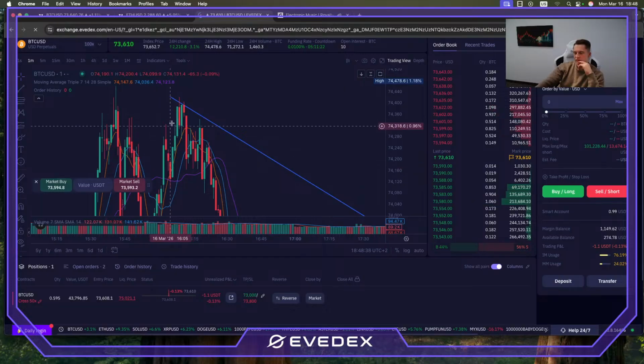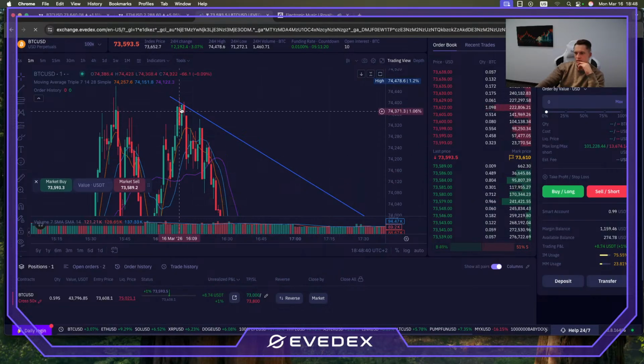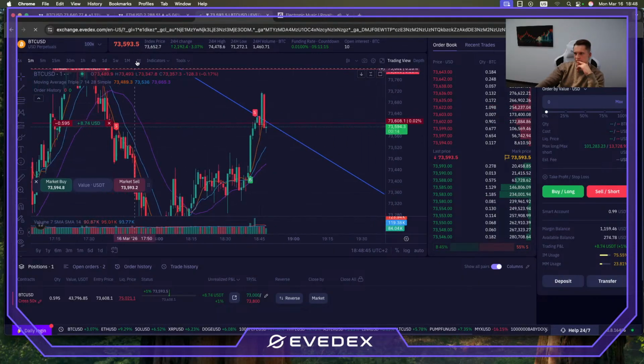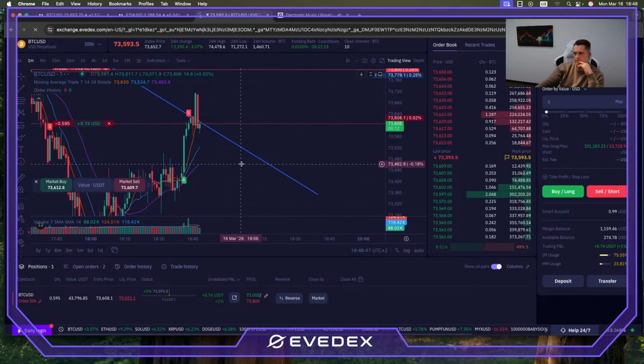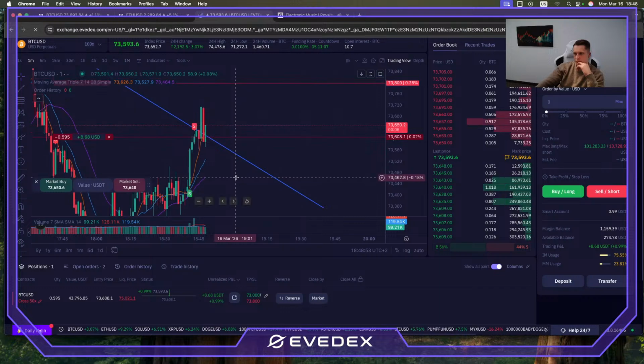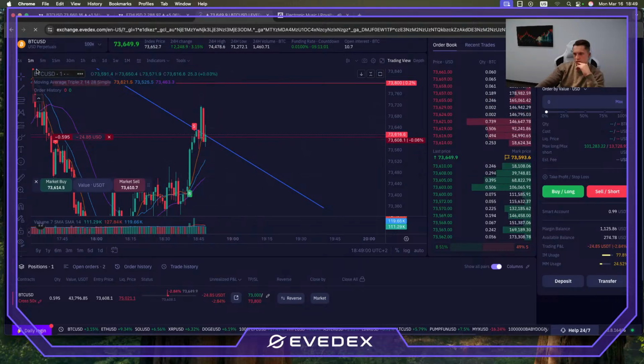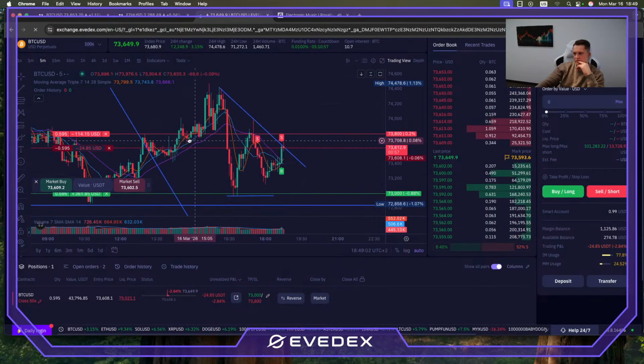But I mean, here is kind of the same thing. Market moved up, and then here again, near the level. It's looking a bit sus.